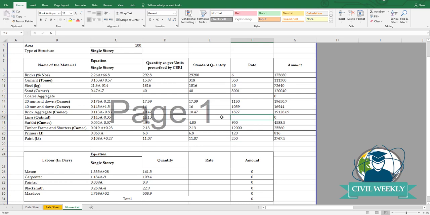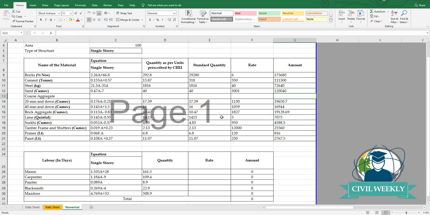Because the rate is 5 rupees per kg. So 1 quintal is equal to 100 kg. So you'll have to multiply this by 100. So 14.15 into 100, so I will get the quantity, that is 1415, and the rate is 5 rupees. So whatever the amount is there, that I have got. Okay.